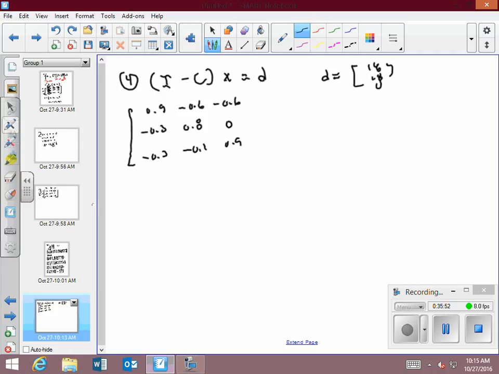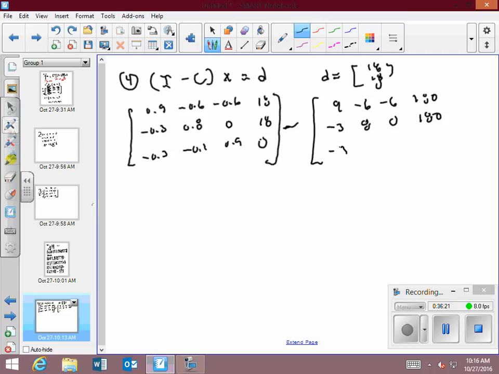So we'll augment this with 18, 18, and 0. Then I'm going to multiply by 10, so that I get 9, minus 6, minus 6, 180, minus 3, 8, 0, 180, minus 3, minus 1, 9, and 0.